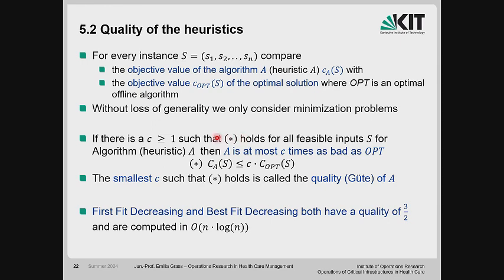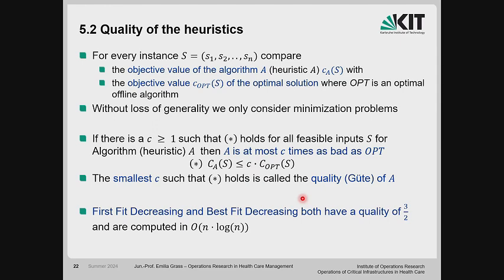Which is not really good, to have C is 2, because it's double as worse. So instead of 10, which would be optimal, the heuristic will give you 20. And this constant C is then the quality of the heuristic.